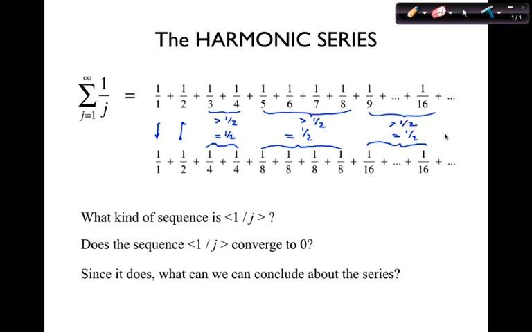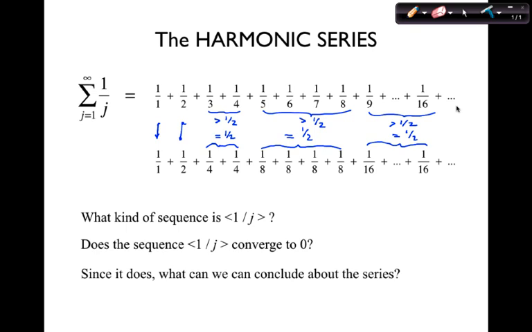So this is 1, this is 1/2. The next 2 terms are greater than 1/2. The next 4 terms are greater than 1/2. The next 8 terms, greater than 1/2. The next 16 terms would be bigger than 1/2. Will I ever run out of terms? I can always take twice as many and add them together and conclude that that next chunk of terms is greater than 1/2.